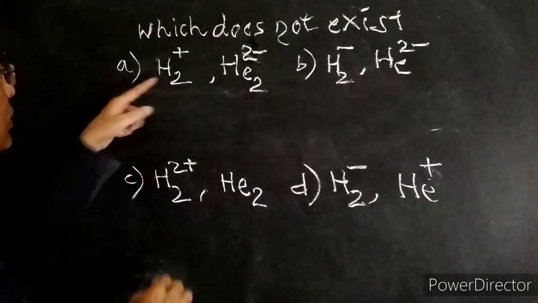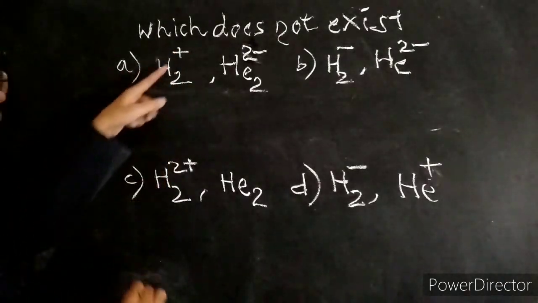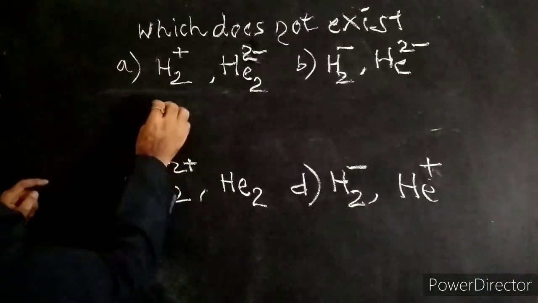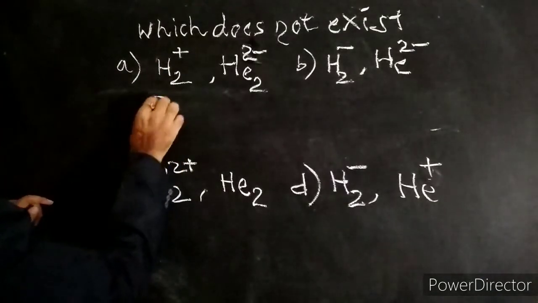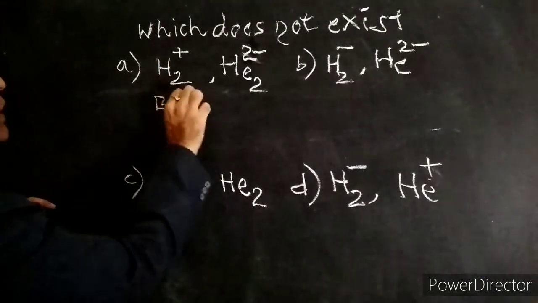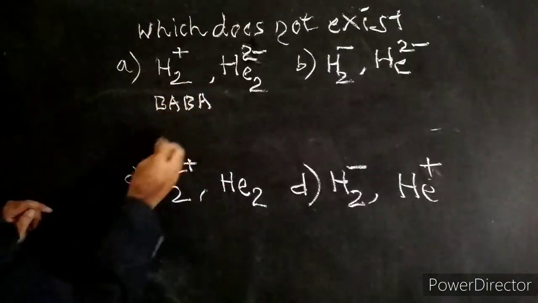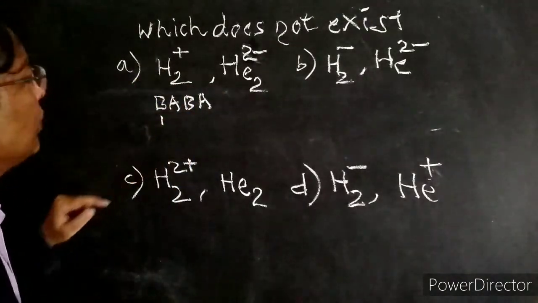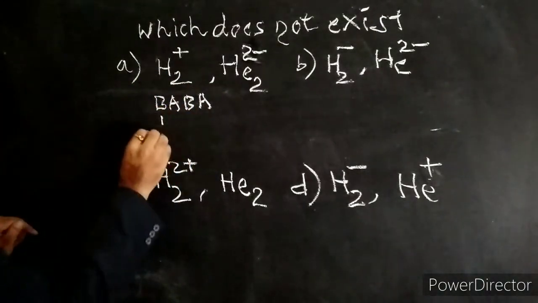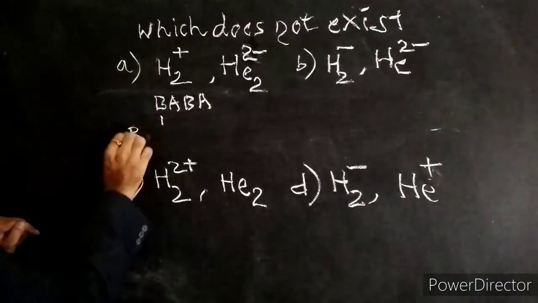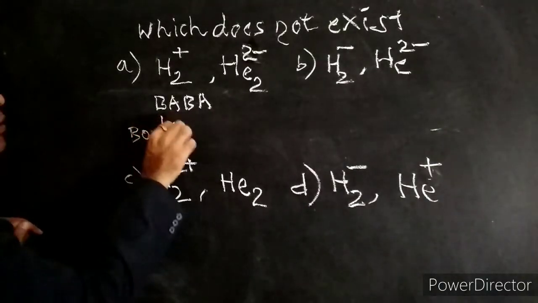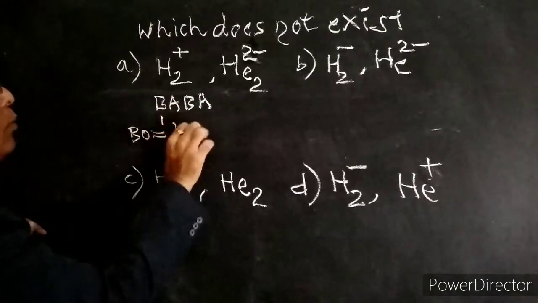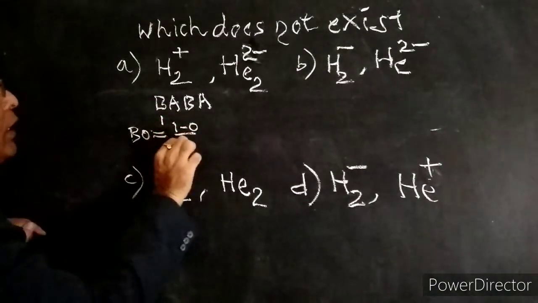Number of electrons is 2, and this molecule has lost one electron, therefore it has only one electron. So we have to distribute these electrons. This molecule has only one electron, that electron enters into the bonding orbital, therefore bond order equals number of bonding electrons minus anti-bonding electrons, 0, divided by 2.